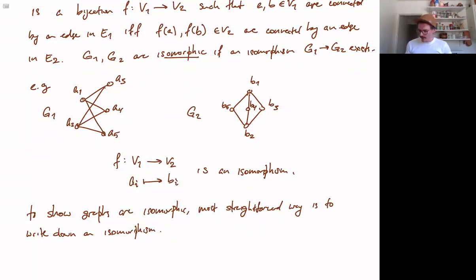Which is not to say that it is easy, but it is certainly a thing that can be done. And it's a very clear way of showing that an isomorphism exists: to just exhibit one.